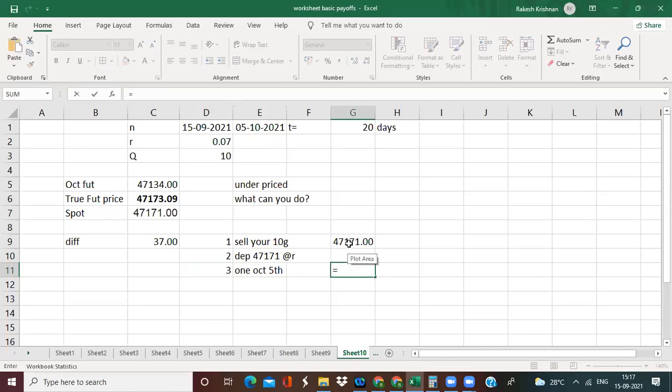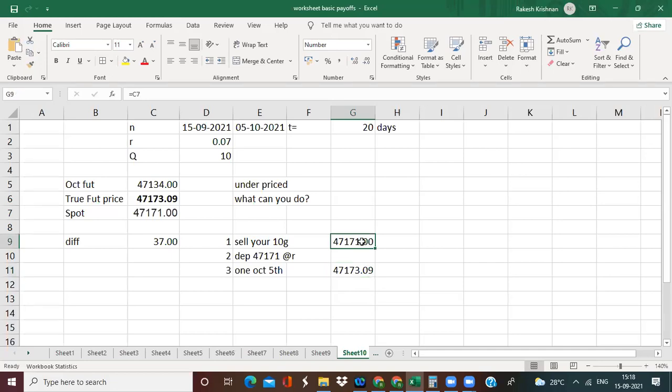This will mature for the future price, is it not? This is nothing but this plus cost of carry, is it not? This will mature for this amount exactly. Is that correct? 47,171 plus you are depositing at the rate of R for these many days. So for these many days, the interest will be, or if you want to calculate, you can calculate it here.